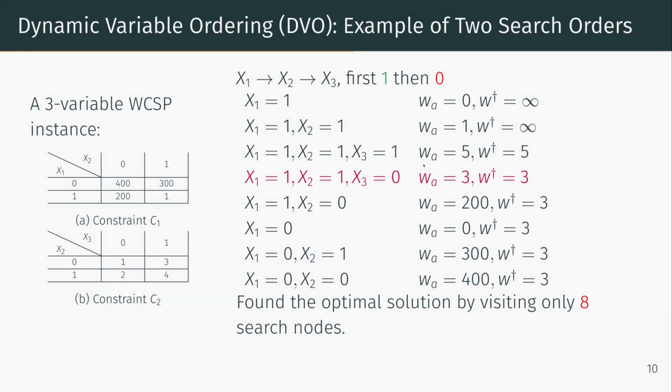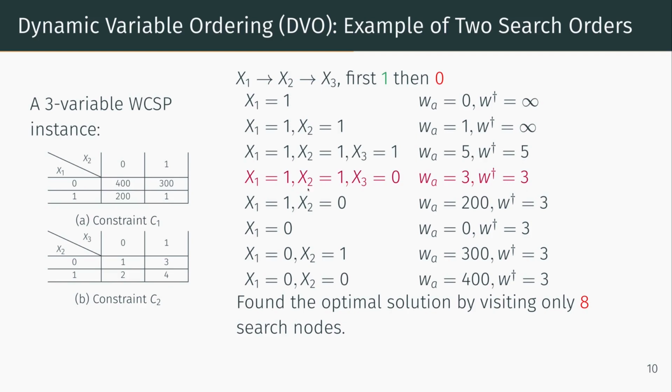Here we have a first complete assignment. We have WA equals 5 and W dagger is updated to 5. Then we go to the next search node, which is x1 equals 1, x2 equals 1, x3 equals 0. Here we have WA equals 3, and because 3 is smaller than 5, we update W dagger to 3.